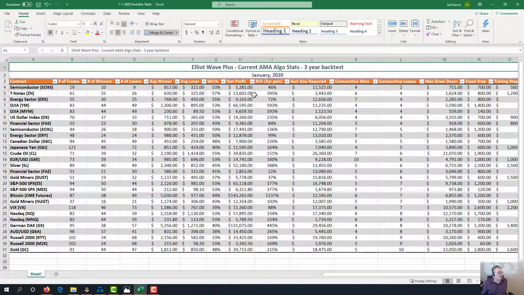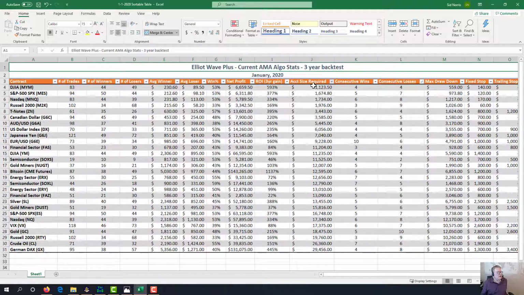If you have a very small account and you want to trade these ideas, and we look at account size required, these new micro E-mini contracts are 1/10 the size. So the MYM is 1/10 the size of the YM contract. You get the same percentages out of the deal.